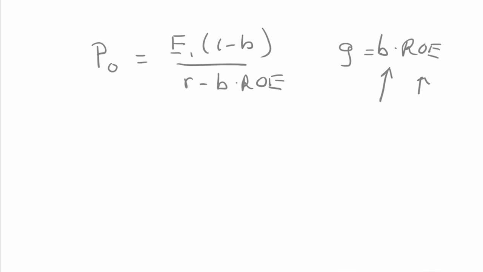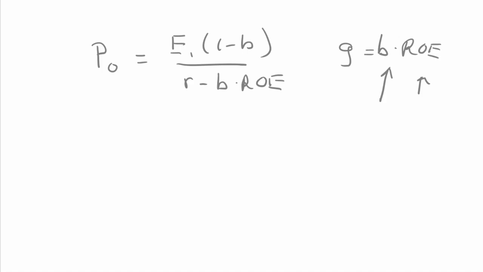But the relation between B and price is complicated. The plowback, which is, remember, reinvestment, is both in the numerator and in the denominator. So you might say, is it always better to grow? Well, there's two different effects.